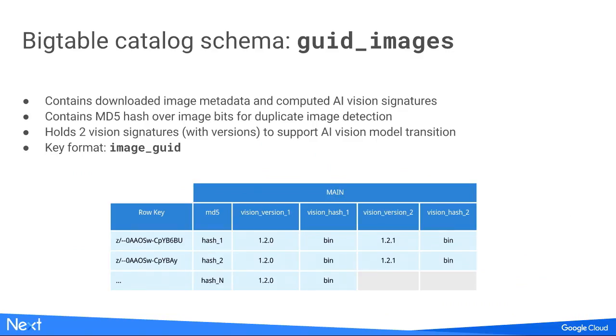So here is how our images table looks. It has the image unique identifier as a key, and it stores a couple of versions of image signatures. The reason we store a couple of versions is that it helps us with a smooth transition from one vision model to another.